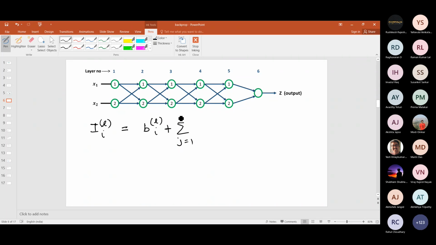I will use N sub L, basically the number of neurons in the Lth layer.